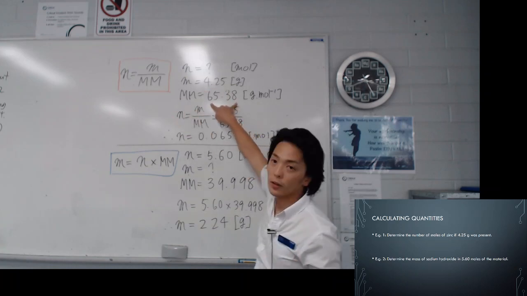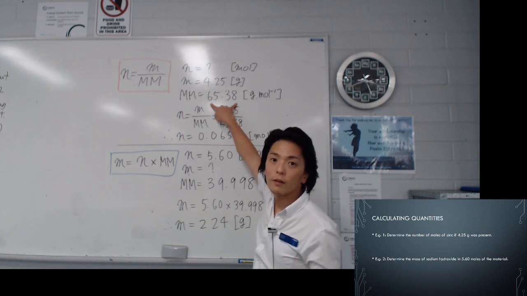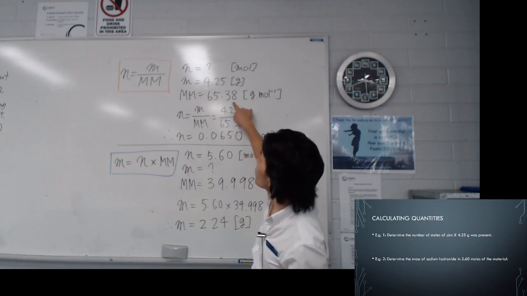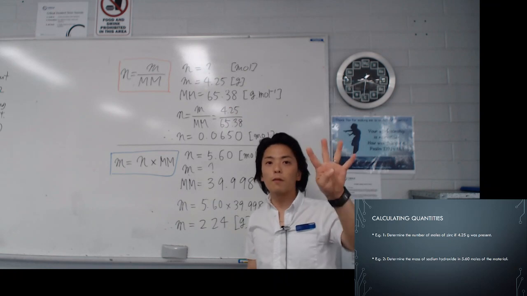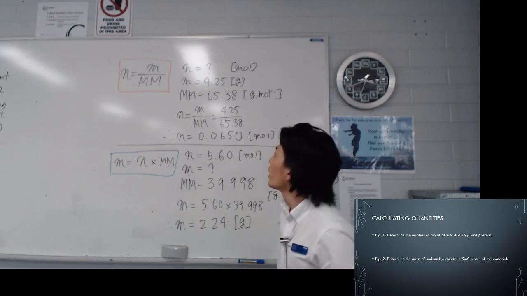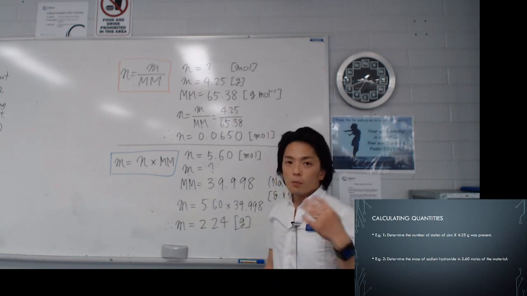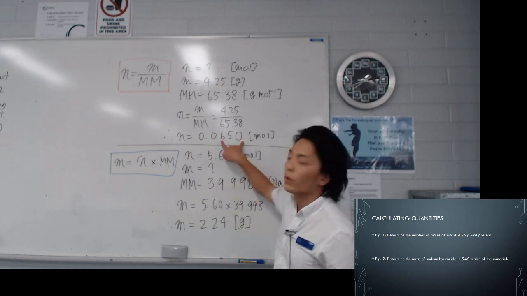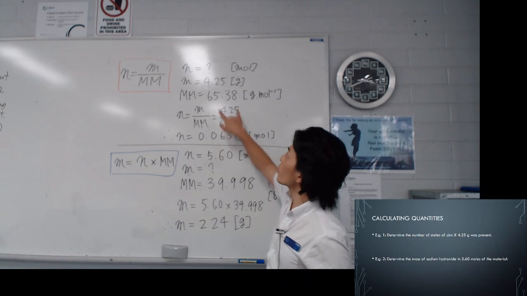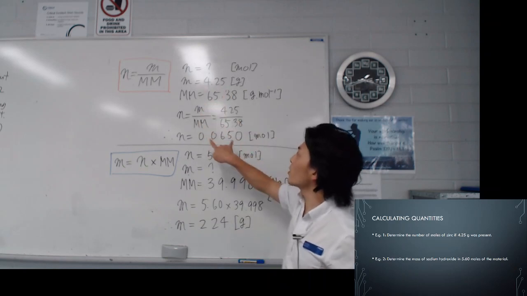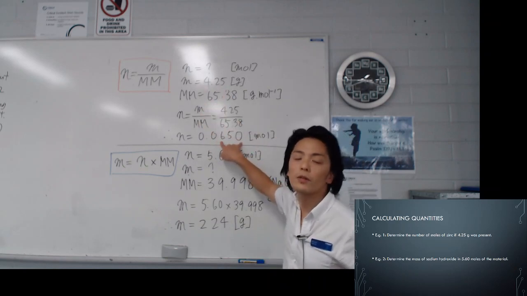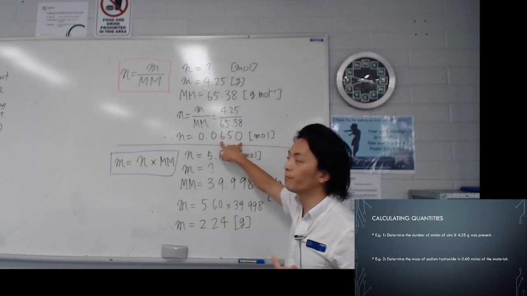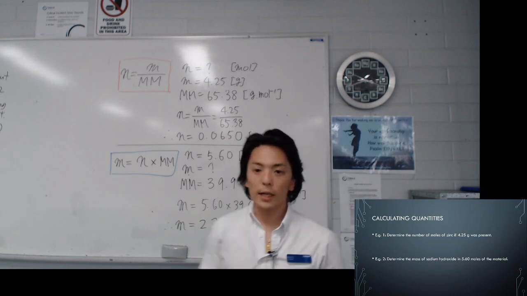Whereas the next value that you can find from the periodic table was 65.38, which is considered to be 4 significant figures. In chemistry, we pick the smallest number of significant figures from the question and use that to answer. So if this was 3 significant figures, your answer will be 3 significant figures as well, because that's the lowest.